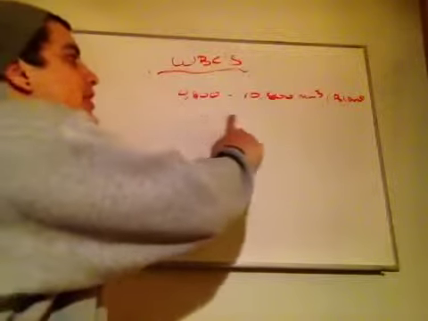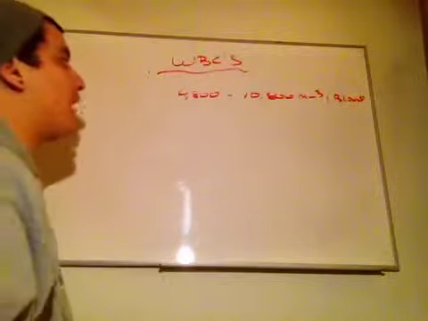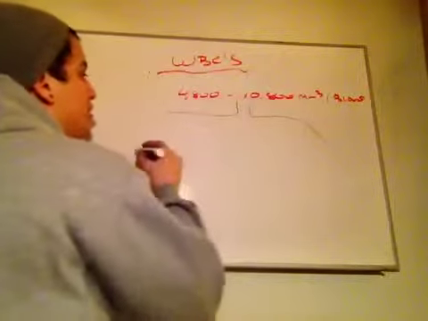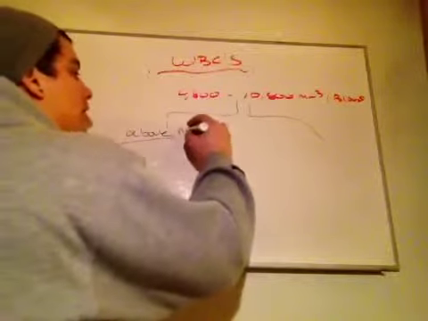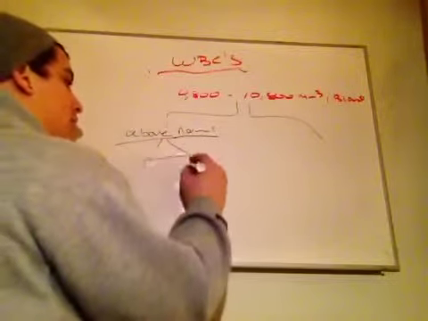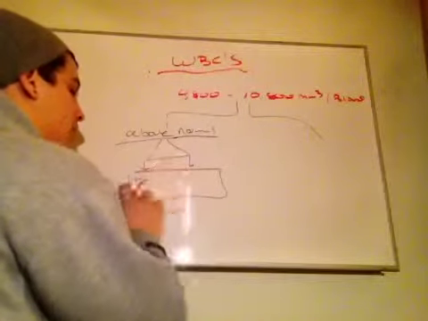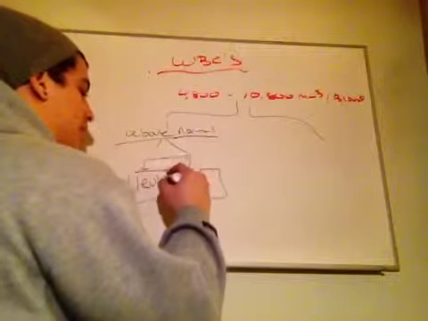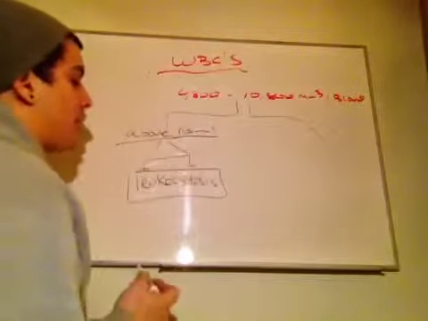So if the white blood cell amount is beyond 4,800 to 10,800, let's break this into two categories because it can only be two. If it's above the normal amount, that is called leukocytosis, which is an increased number of white blood cells.